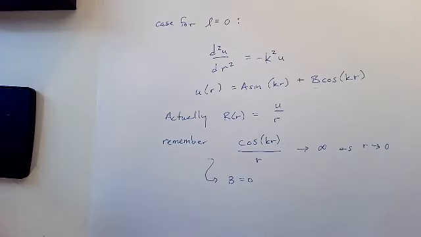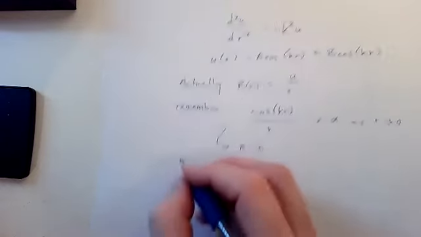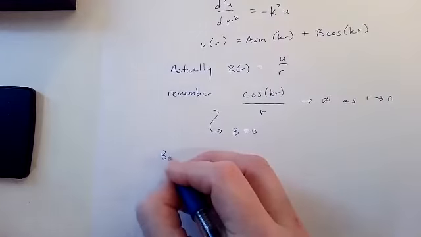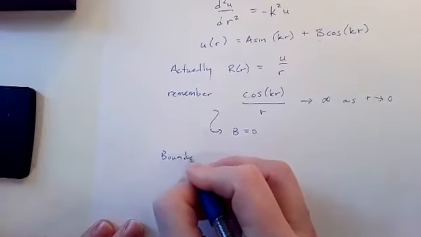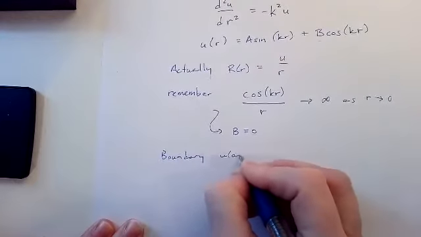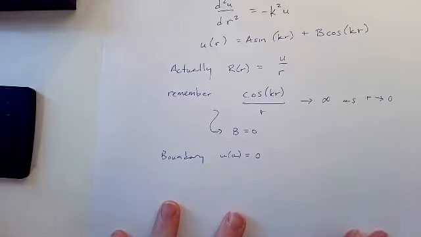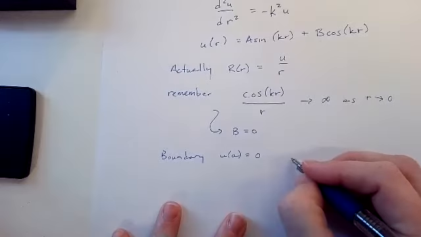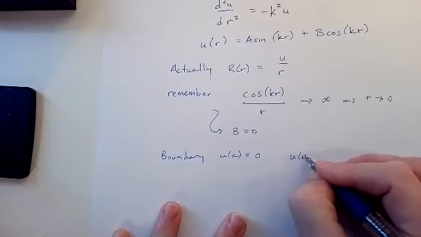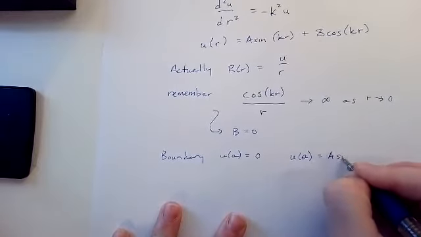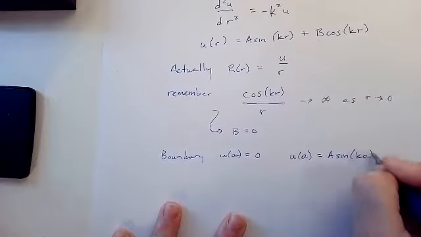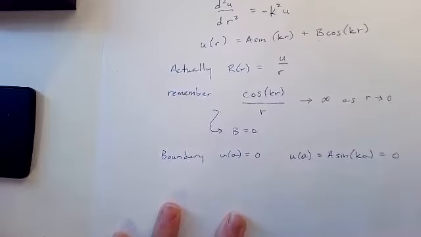Okay, so then the boundary condition. Remember our boundary condition is that when we evaluate this at a, we should get 0. That requires that this equals 0.